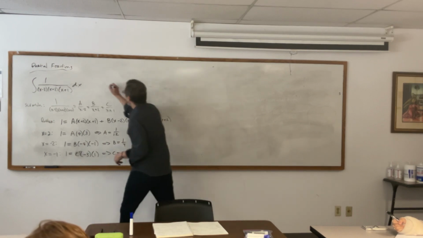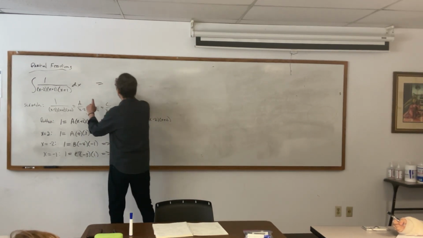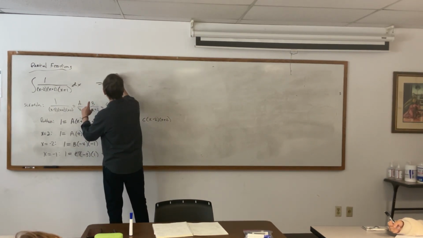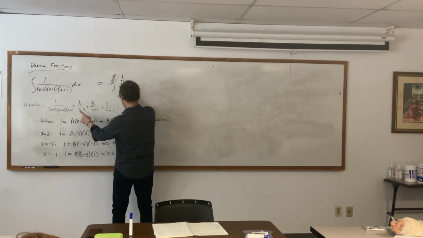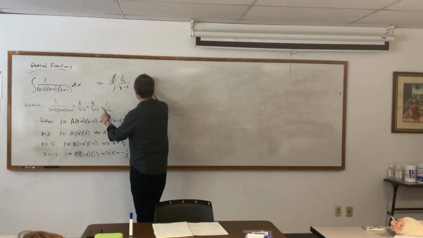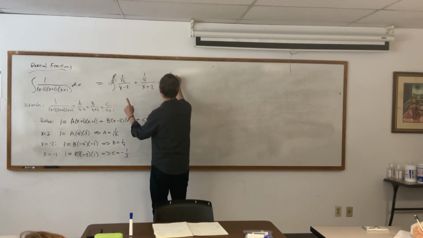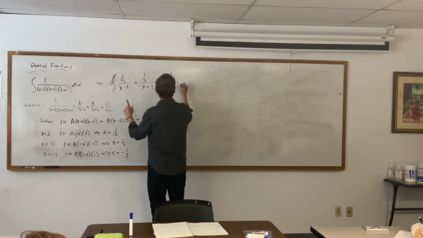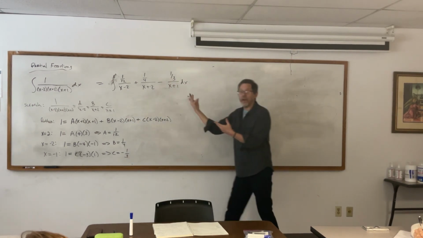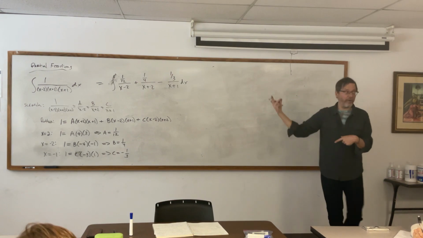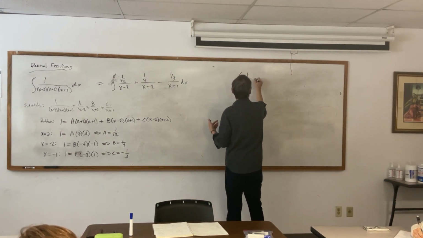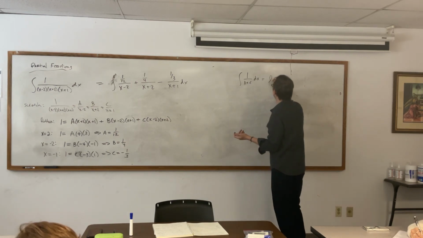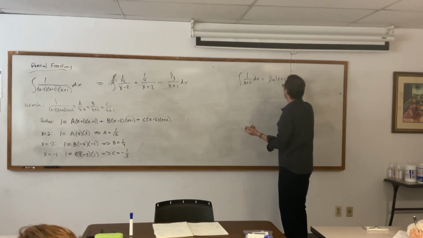So then, just rewrite my whole problem as the integral of 1/(x minus 2). You're going to start recognizing these are all just natural logs, right? This is all just natural log stuff. So if I have the integral of this, that's just the natural log of that.